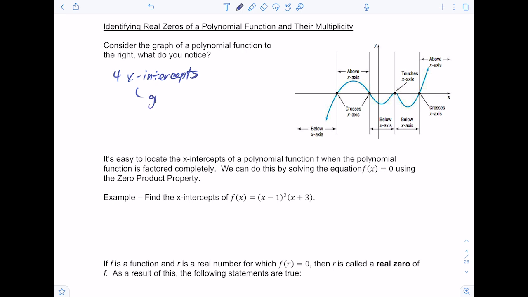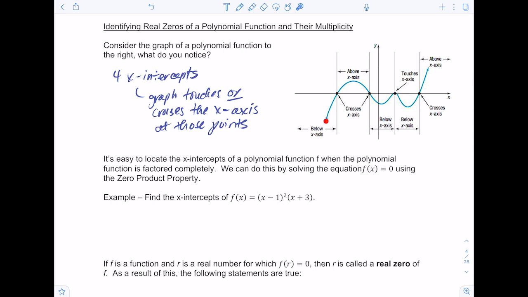And this is just where the graph crosses or touches the x-axis at those points. So as you can see here, the graph doesn't always go through, right?